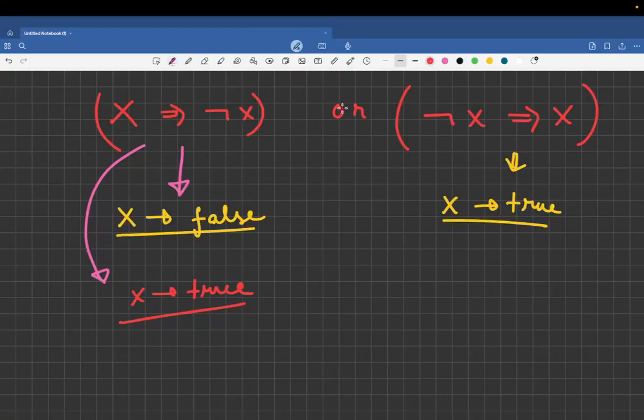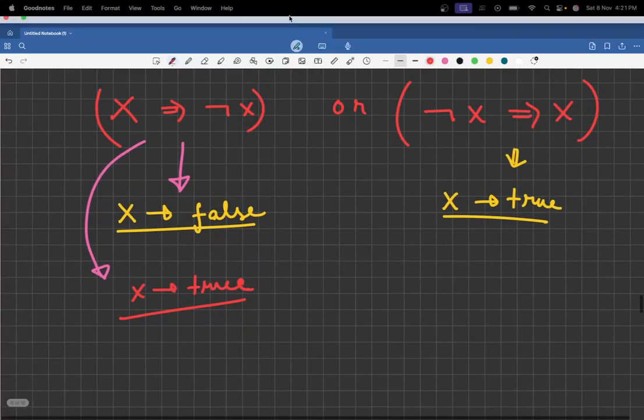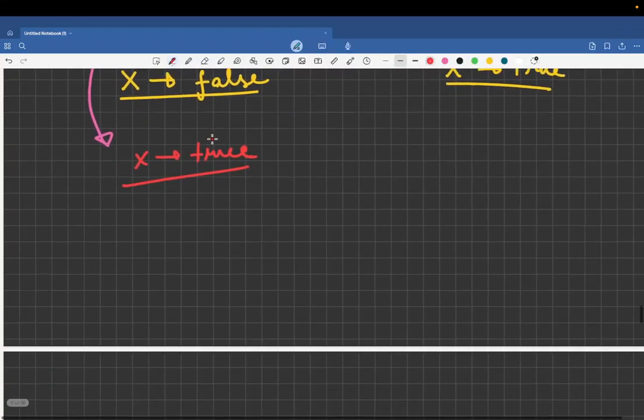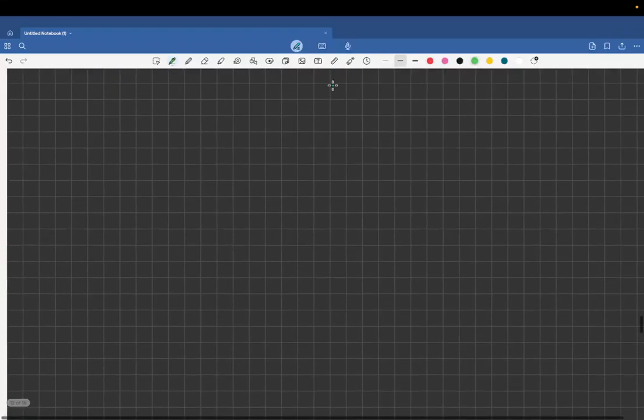So now the question is, the solution exists, but how should we assign the values so that there are no issues in solving this? Before discussing that, I will also discuss one more thing: why x implies not x, and why assigning x as false won't face any issues for you. Let me elaborate a bit.